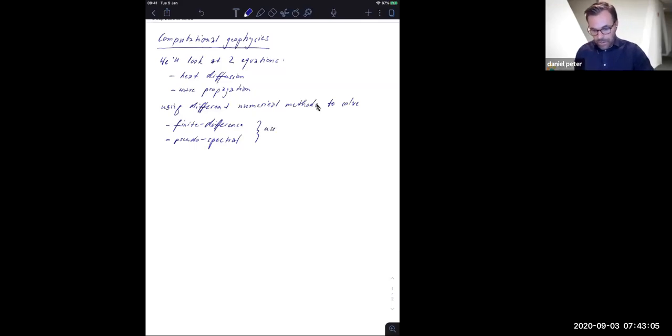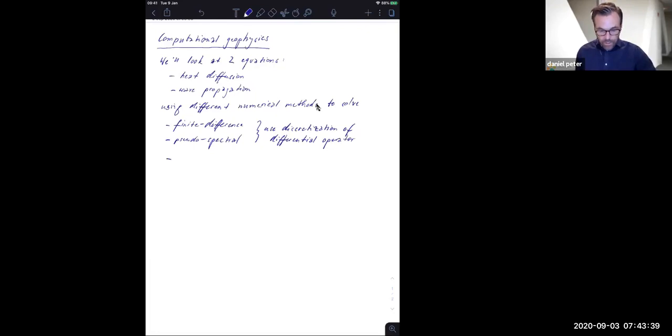So these use discretization of the differential operator. For example, the gradient of a function: in order to compute the gradient, you approximate it numerically with a finite difference scheme or a pseudospectral scheme.